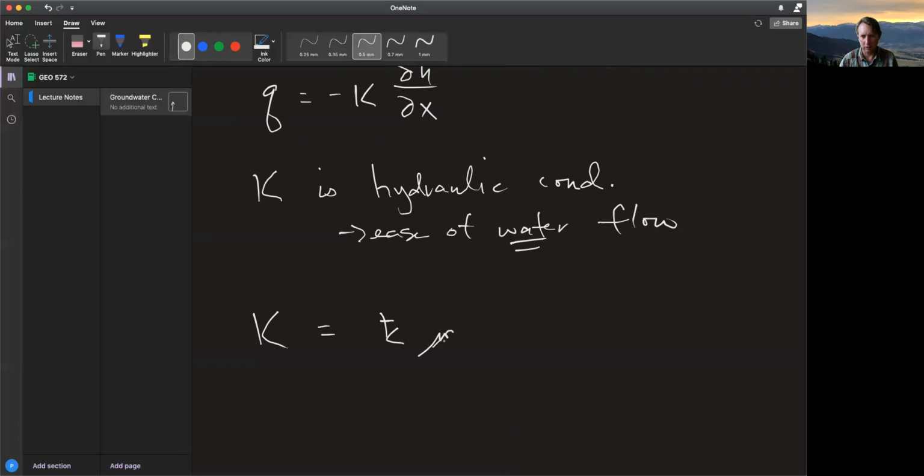Rho g over mu. This is the water density, gravity, and this is water viscosity.